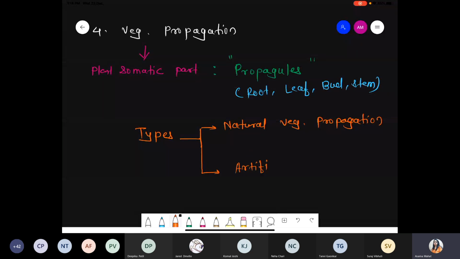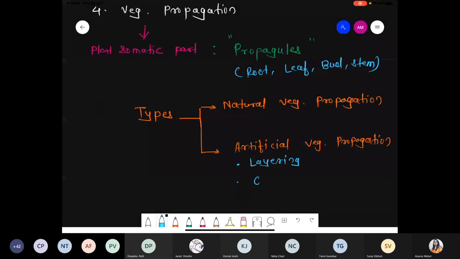We'll discuss in the next class the meaning of artificial vegetative propagation. In the artificial one, we'll discuss one method, layering, another method, grafting, and third one, cutting. So these are the three basic methods: layering, grafting, and cutting.